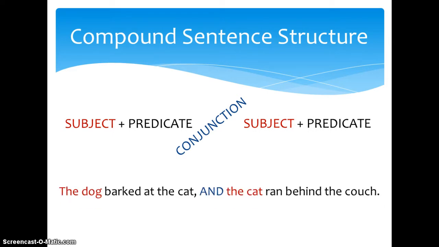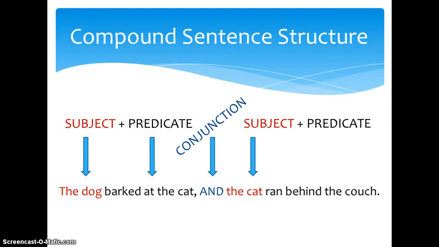As you can see with our example, the dog barked at the cat and the cat ran behind the couch. Here we have a subject, the dog, plus a predicate, barked at the cat, and then our conjunction, which is and.